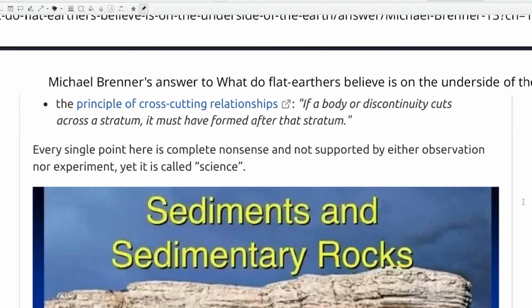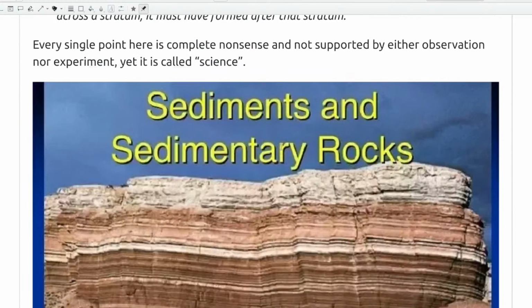And the principle of cross-cutting relationships. If a body or discontinuity cuts across a stratum, it must have formed after that stratum. Every single point here is complete nonsense and not supported by either observation nor experiment, yet it is called science.